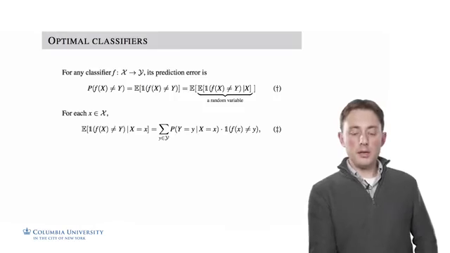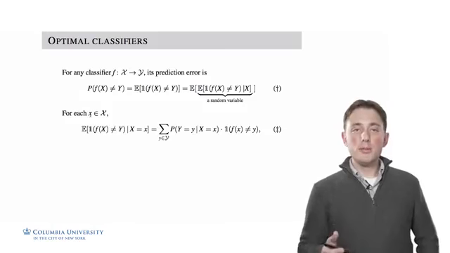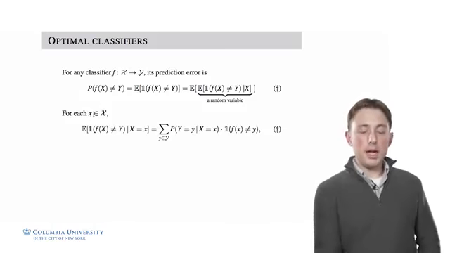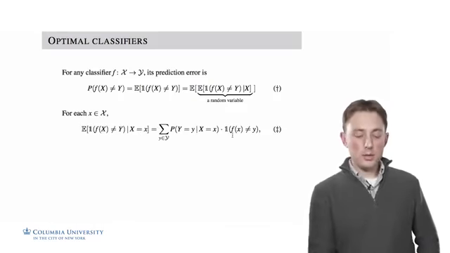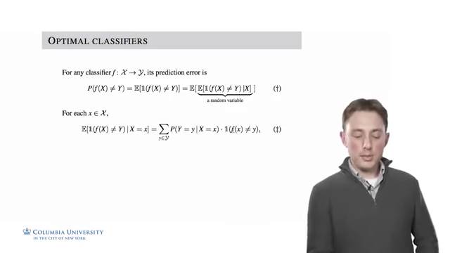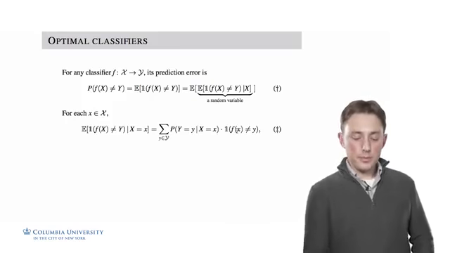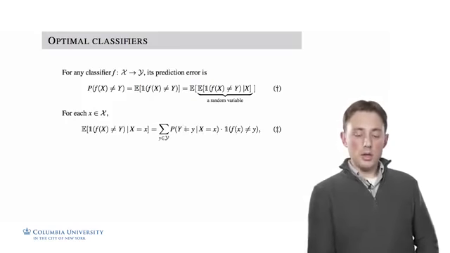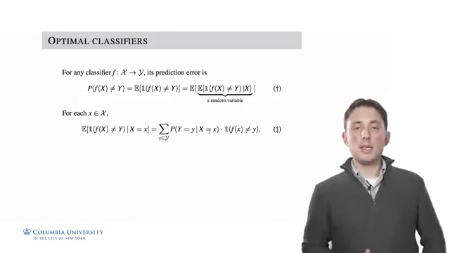Okay, so let's expand this inner conditional expectation. So for some specific point x, so for example, evaluating this conditional expectation at a specific value x, we can expand the expectation this way. So this right-hand side is literally equal to this left-hand side, where we're taking the expectation of the indicator that our classifier gets it wrong at this particular x, using the conditional distribution of the probability of y given the x that we're evaluating at.